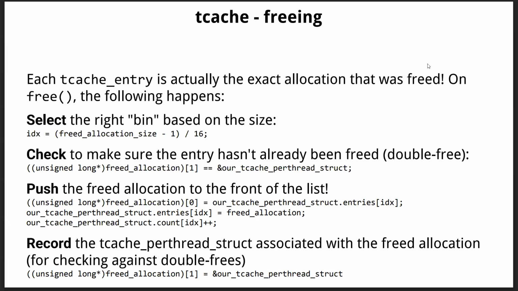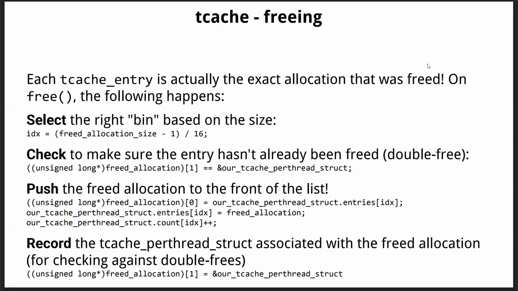Then we just push this, or add this freed allocation, to the front of the list. How do we do that? So we put the current malloc chunk, where we are freeing it, its next field will go to the current head, whatever the head points to.